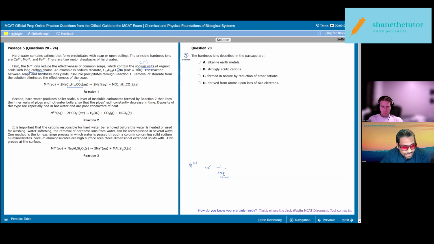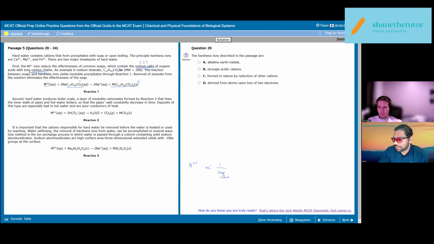But now it's going to form a bond with the M2+ to give you this, and that precipitates it, meaning it turns it into a solid. And so that's why the effectiveness is reduced.